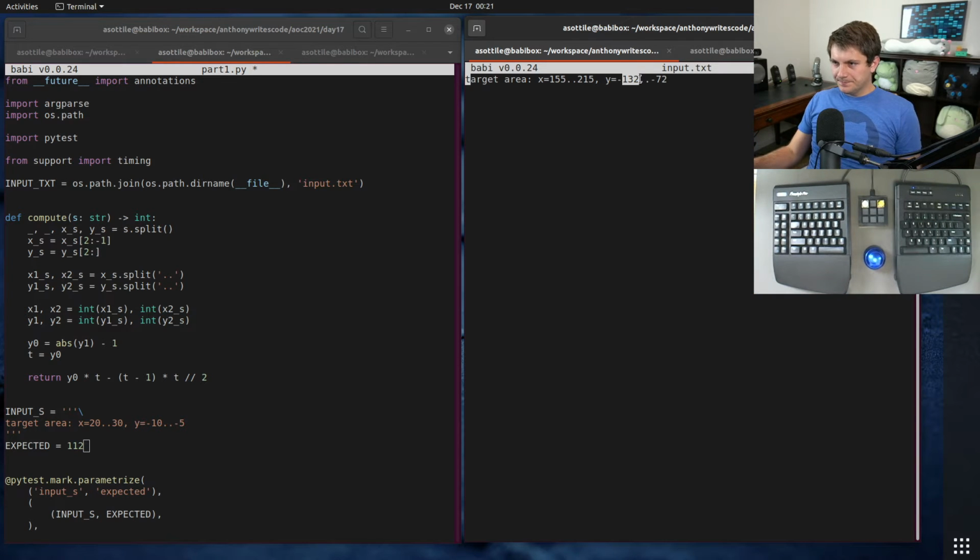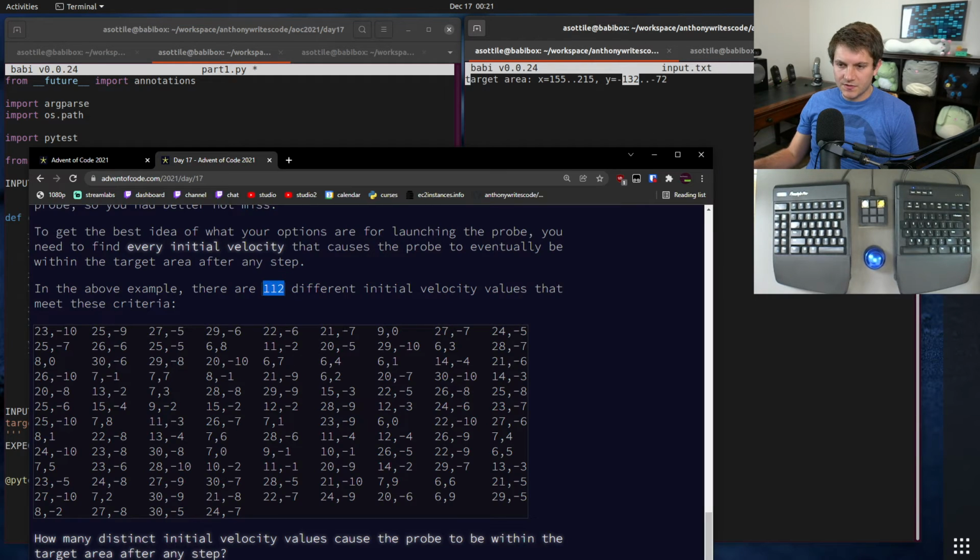Let's see. The minimum y velocity is going to be... Oh wait, there's so many. Because you can have negative y velocities as the initials.